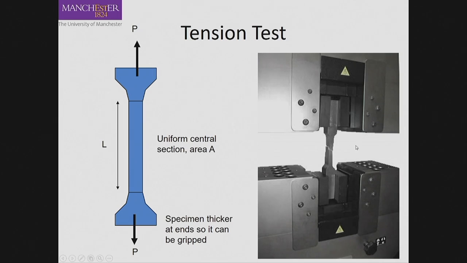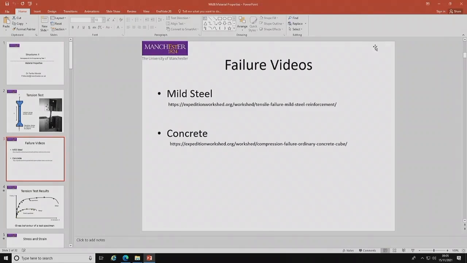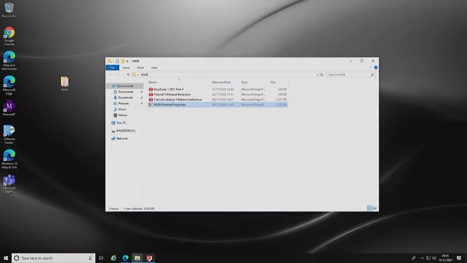And the middle part of that specimen is uniform cross-sectional area, and the ends are a little bit thicker so that it can be held on to a jack in the end or a clamp at the two ends, but also it doesn't fail at the end. So you force the failure in the middle part of the specimen. So I'm going to show a couple of videos in here.